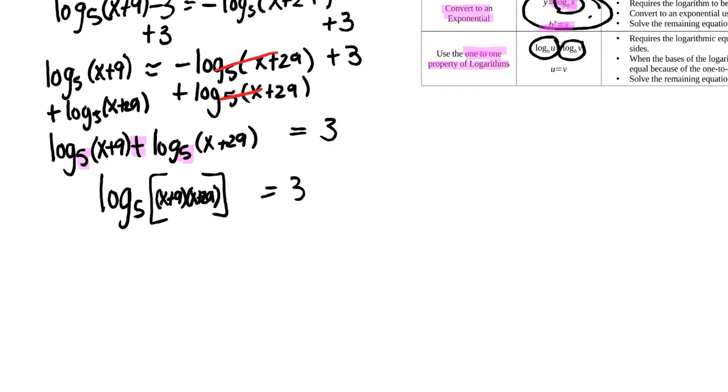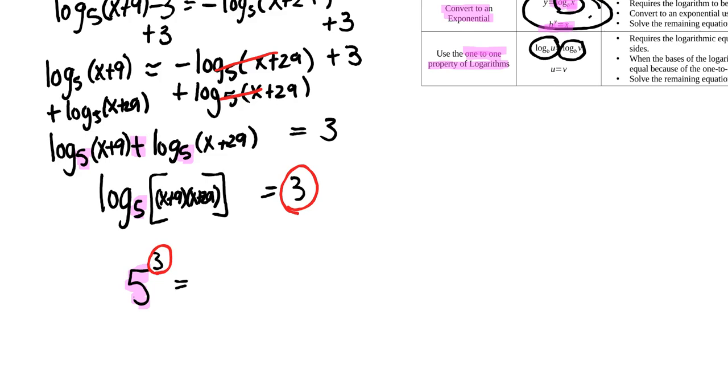And now that I have a single log, I can convert this to an exponential. The base of the log is the base of the exponential, so 5 is my base. The log always equals the exponent, so that 3 becomes the exponent.